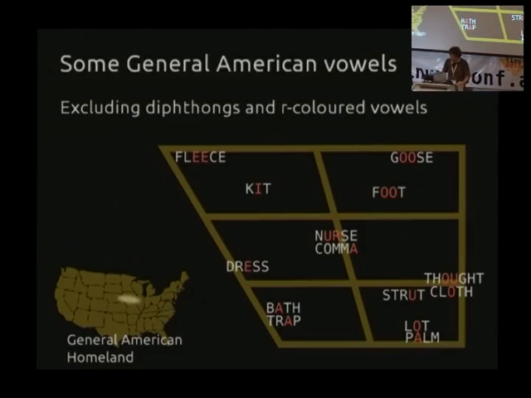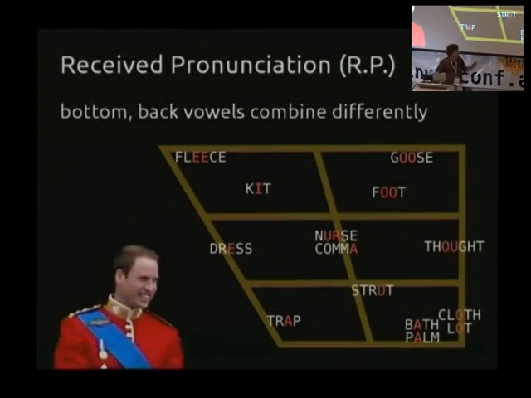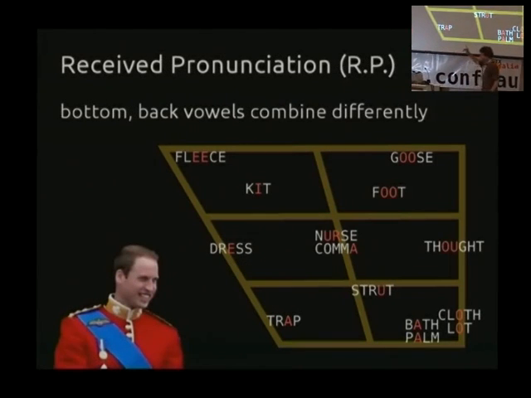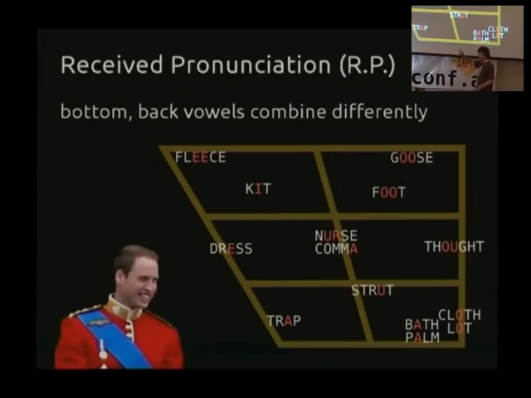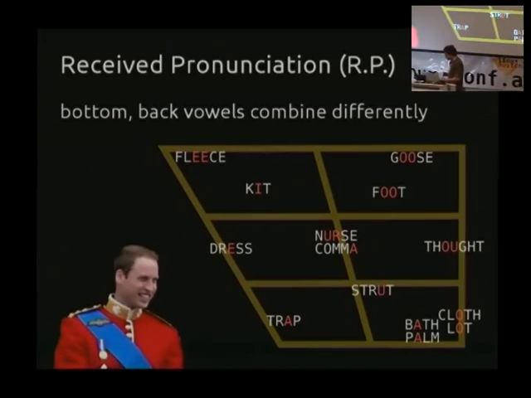So now, this is a posh British accent. I had Tim Berners-Lee there this morning, but he doesn't speak RP, received pronunciation. So after watching him this morning, I changed it to Prince William. So I'll just flip back and forth between those.